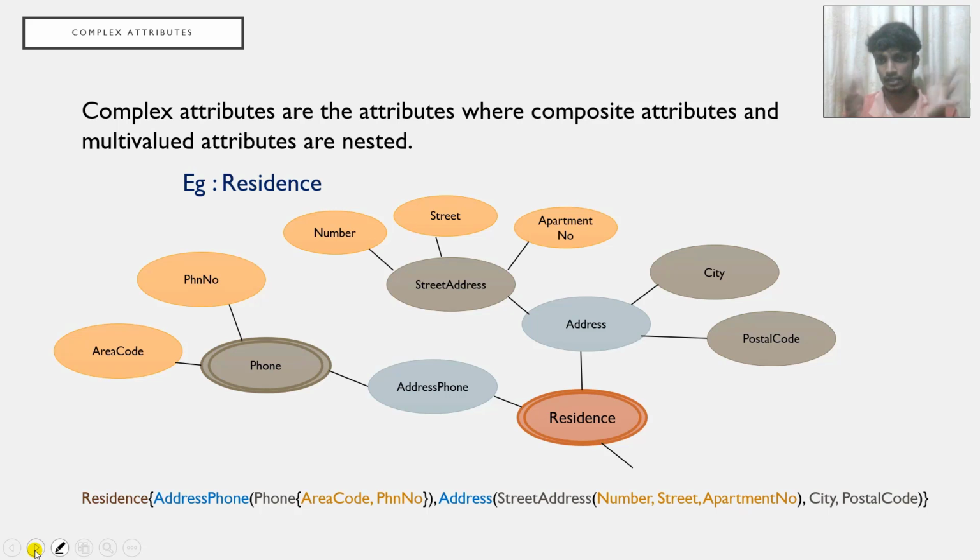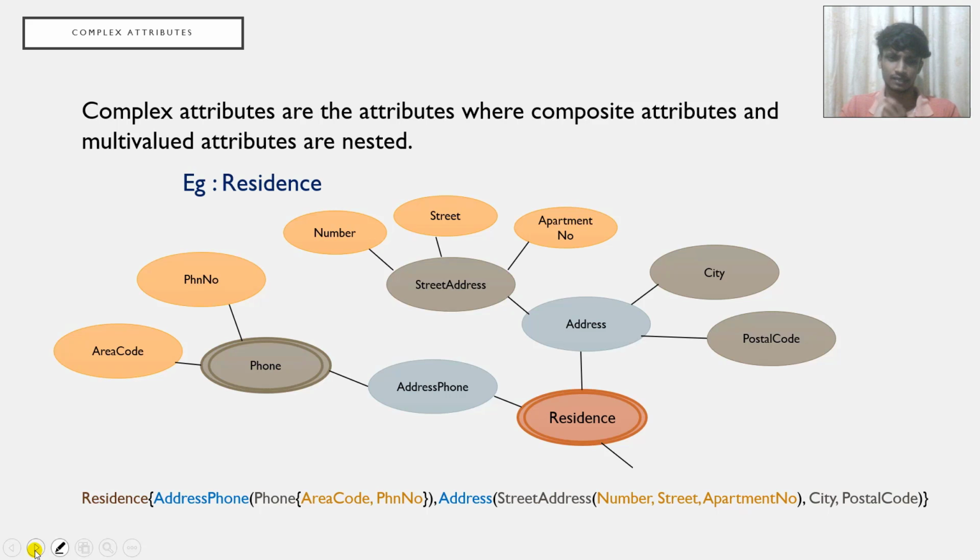Nested means it is a sort of collection. In a particular complex attribute, we may have multiple composite attributes, or multiple multi-valued attributes, or maybe both. That is how it becomes complex.